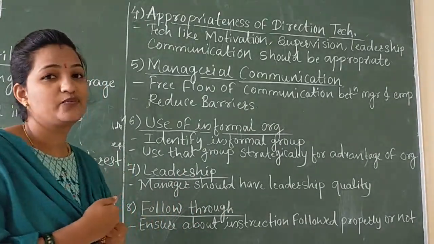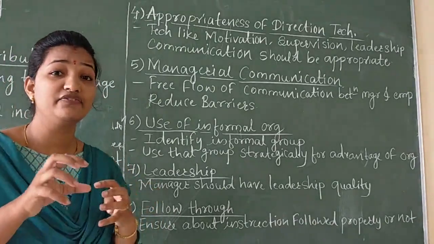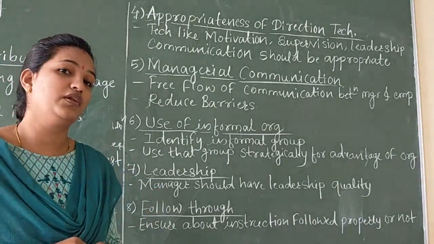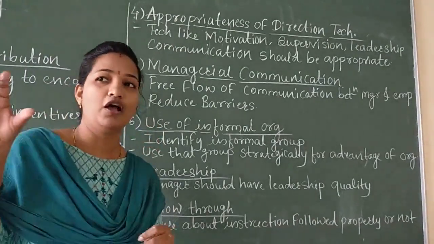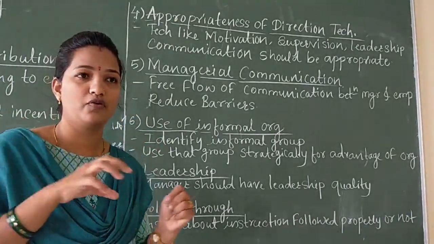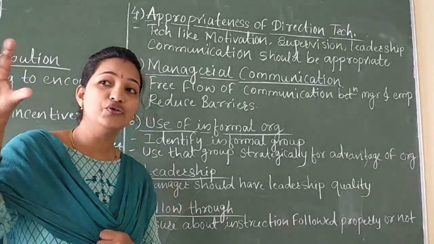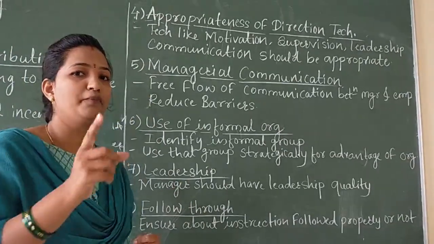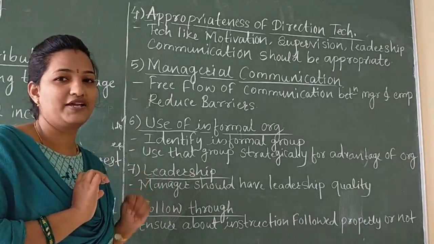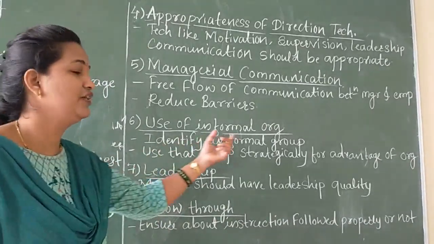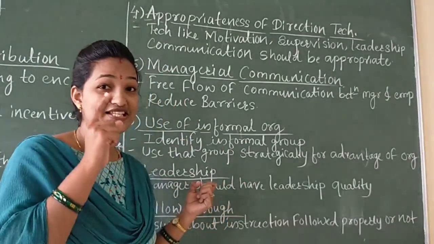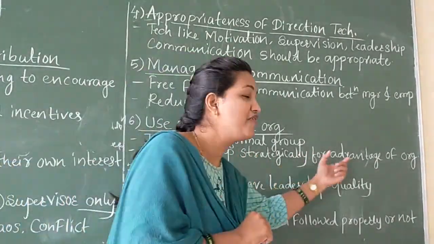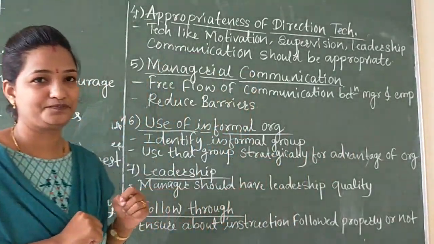So what is the responsibility of the manager? The manager should identify the groups of that informal organization, search for how many people have friendships, and use that group strategically for the benefit and advantage of the organization.